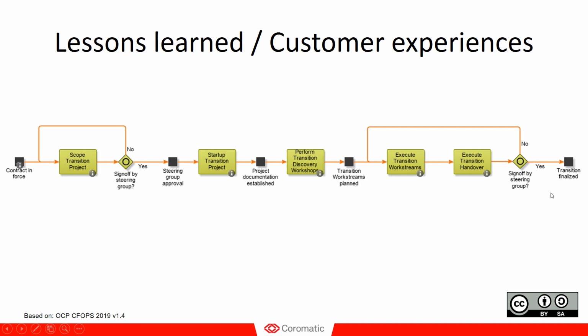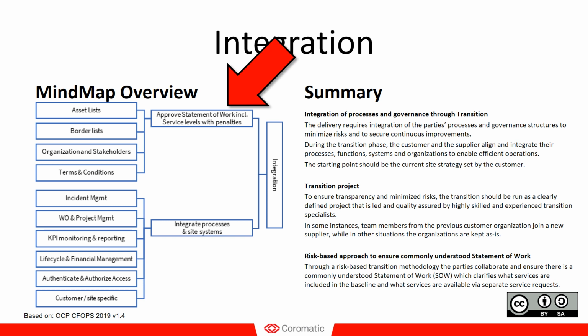We will now look a bit more in detail into these outputs, the two major types of outputs from the transition project. The first one is the SOW, where we would expect the asset lists to be up to date, border lists to appropriately reflect the expectations set in the SOW or the contract, if you like.